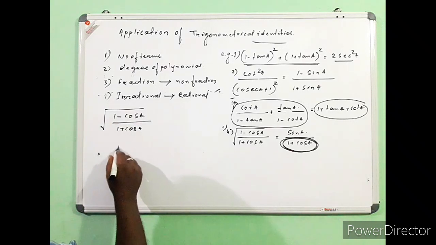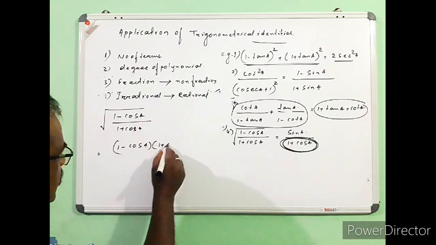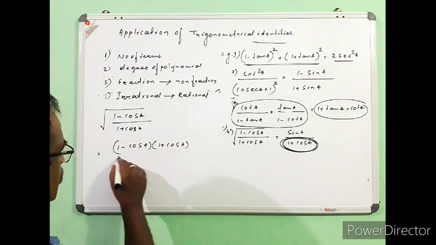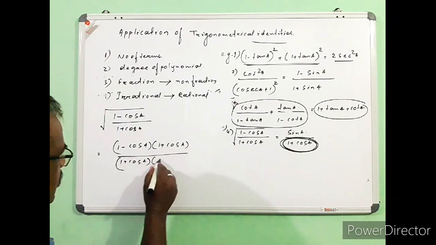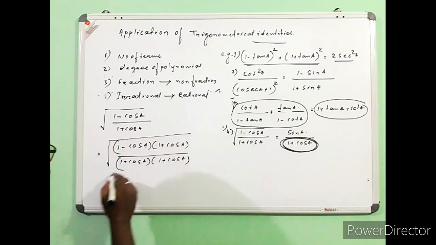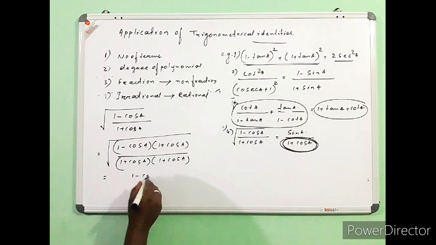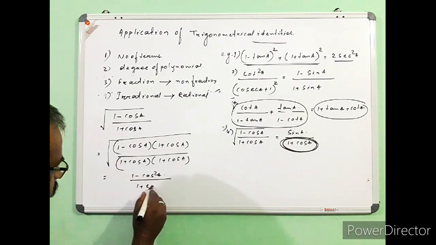So this can also be written as the square root of 1 minus cos A into 1 plus cos A, by 1 plus cos A into 1 plus cos A, which is equal to the square root of 1 minus cos square A by 1 plus cos A whole square.